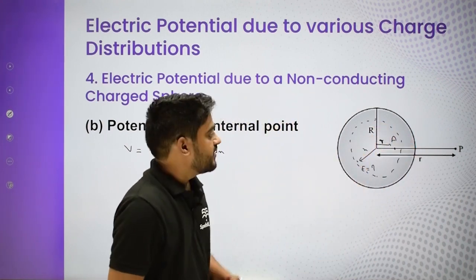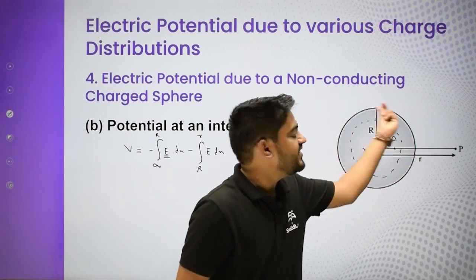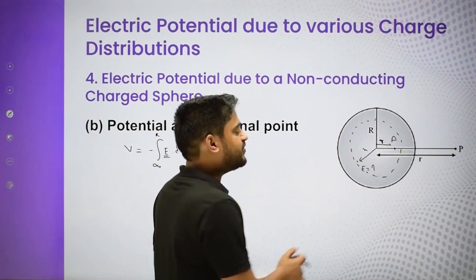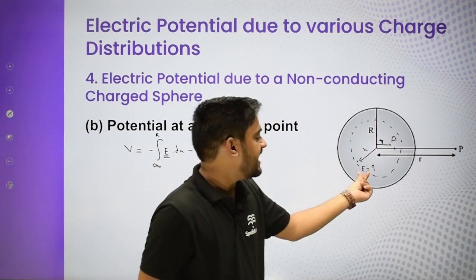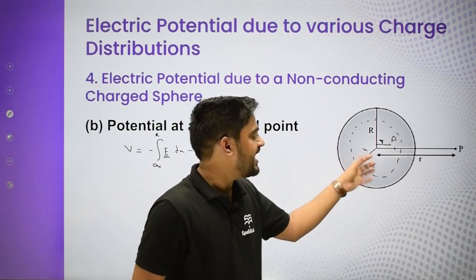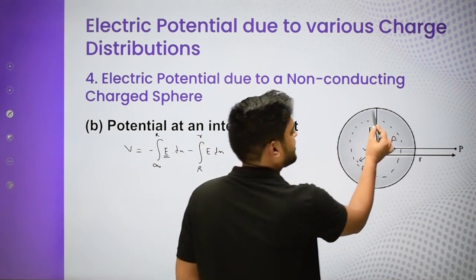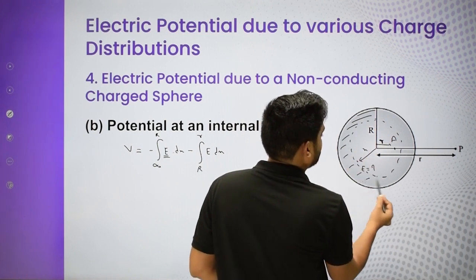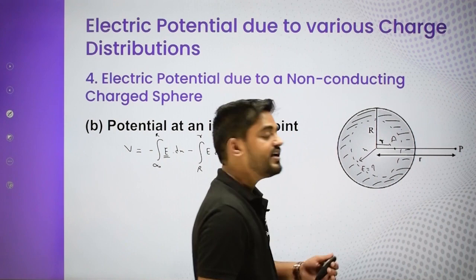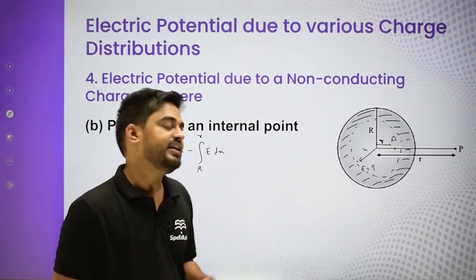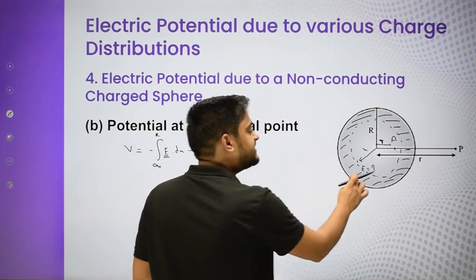We know that this outer part behaves as a uniformly charged shell, or you can even split it into further shells. Due to each shell the electric field at this point inside is 0, so they do not contribute any electric field.